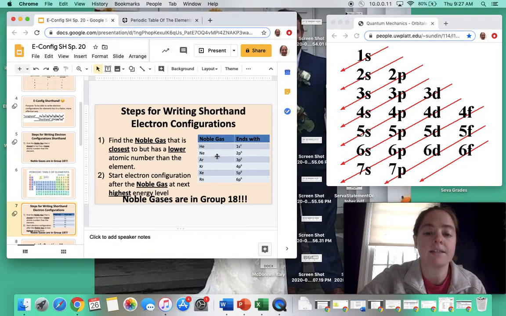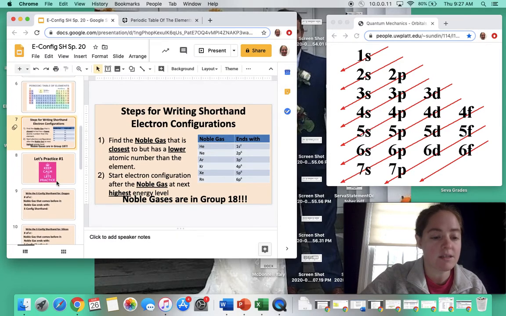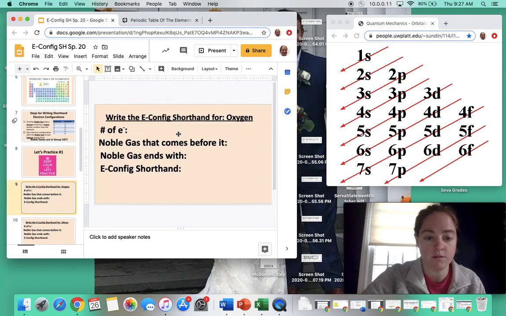If neon ends in 2p6, but we have something higher than neon and lower than argon, we ended right here, so then the next one we would start with 3s. If we ended with 3p6, or argon was our noble gas, we would then start the next one 4s2. Okay? The best way to figure this out is to practice, and I'm going to practice with you.